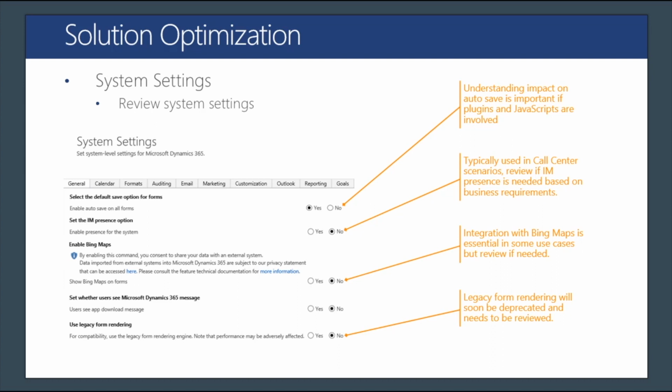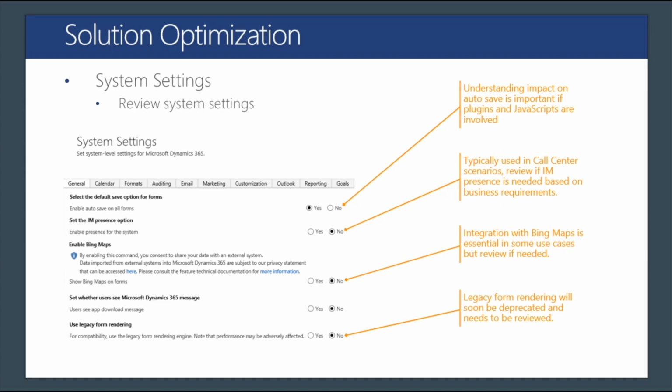So for example, the autosave is something that we should at least discuss, what will be around this feature, and see for this specific solution which option should be selected.